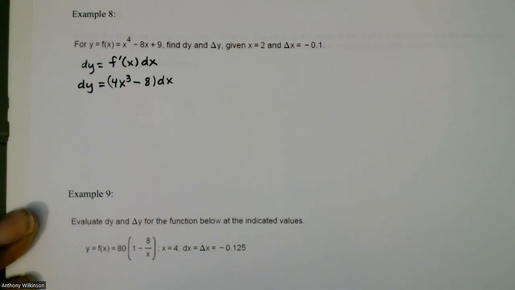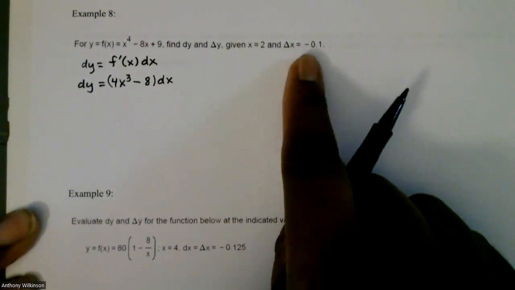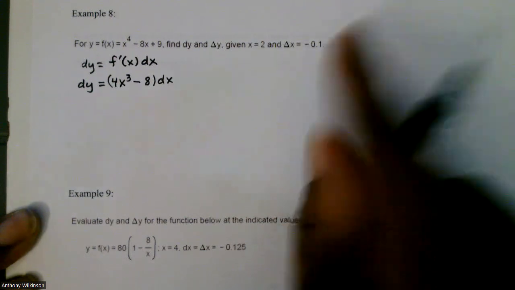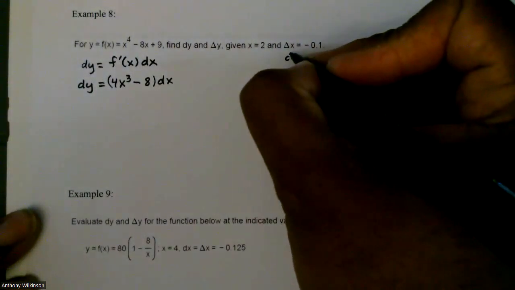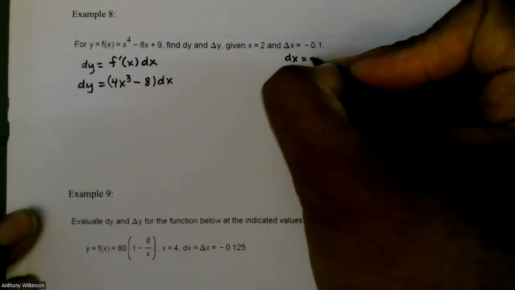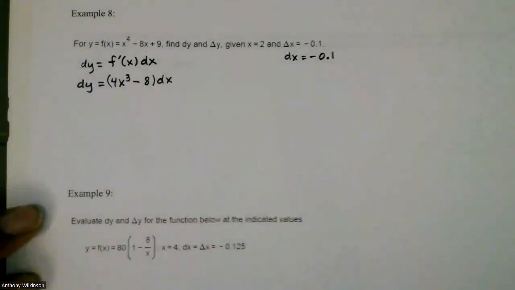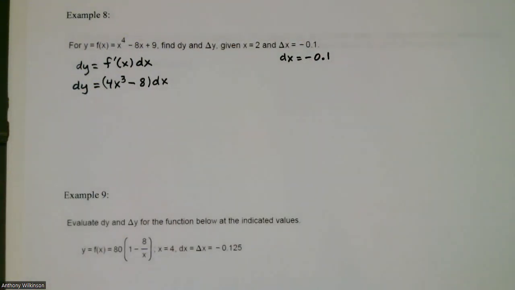Okay. And we're told that delta x is equal to negative 0.1, which means dx is negative 0.1. All right, we did talk about dx. That's also the same as saying delta x.